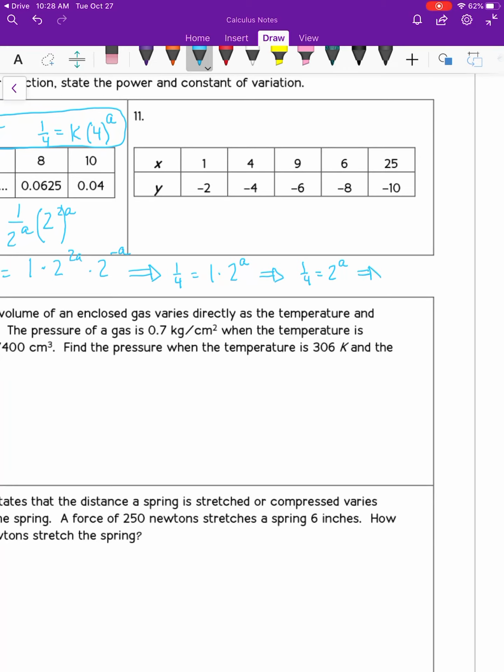And then I think, oh gosh, this is actually 1/2 squared. And if I bring that 2 squared up, it'll be 2 to the negative 2. Look at that. There's my a. My a is negative 2.